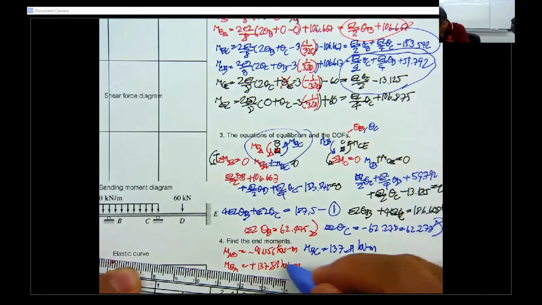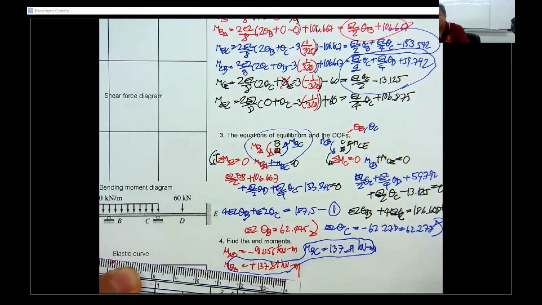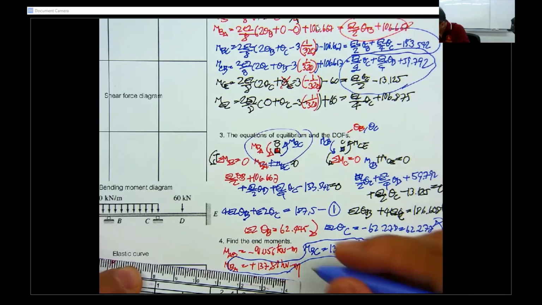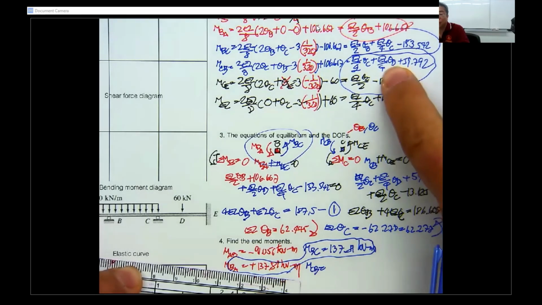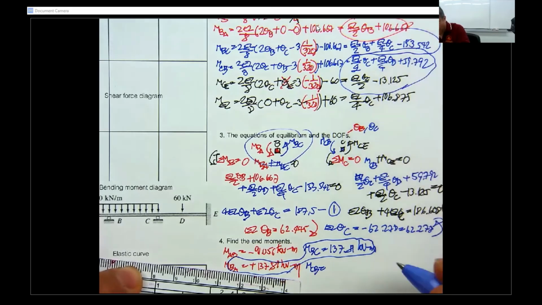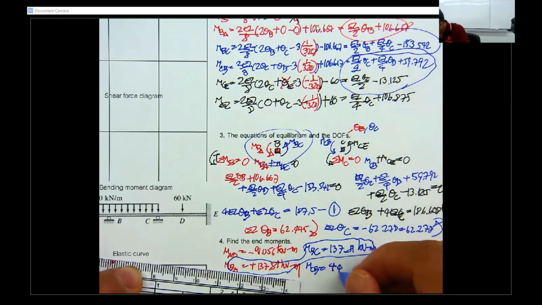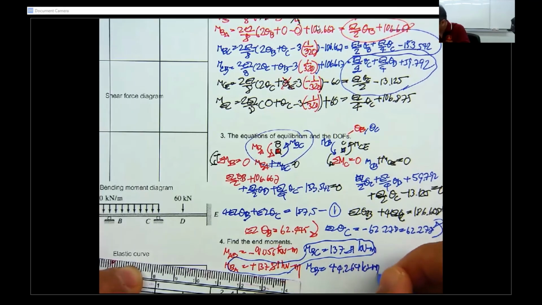It will follow this. These two must be equal. If not equal, it's wrong. If it's close to each other, just sum and divide by 2 to average it. And then M sub CB, you put it into M sub CB, which is over here. You will get 44.264 kilonewton meter, and you will get M sub CE is going to be minus 44.264 kilonewton meter.